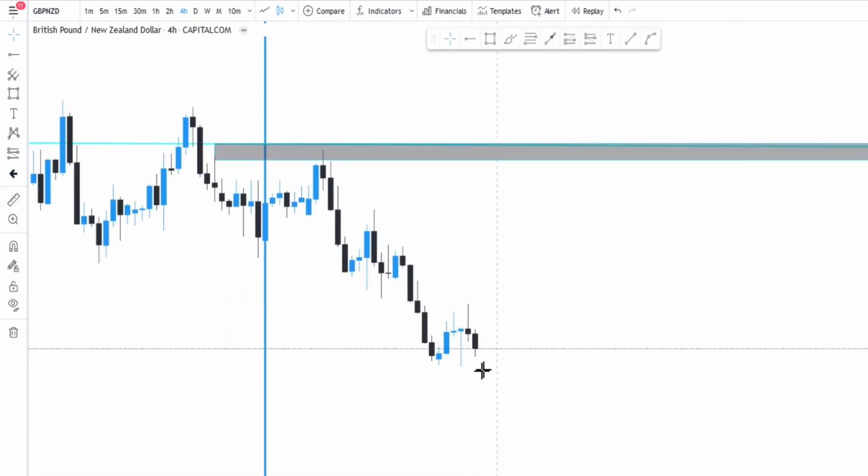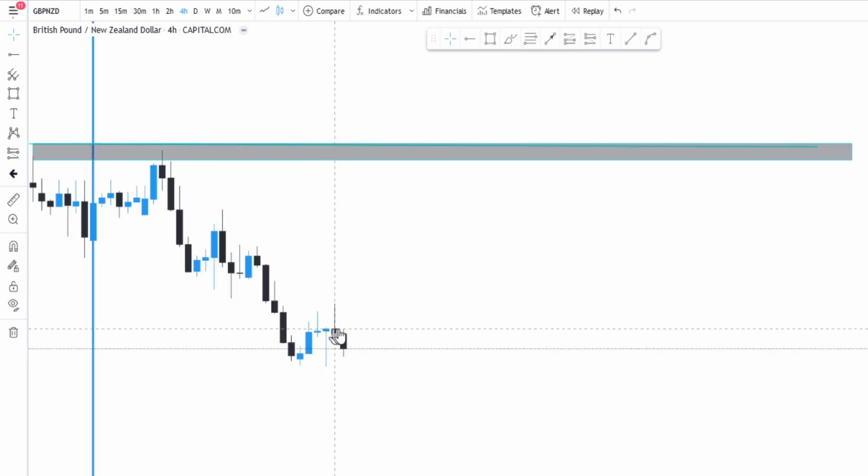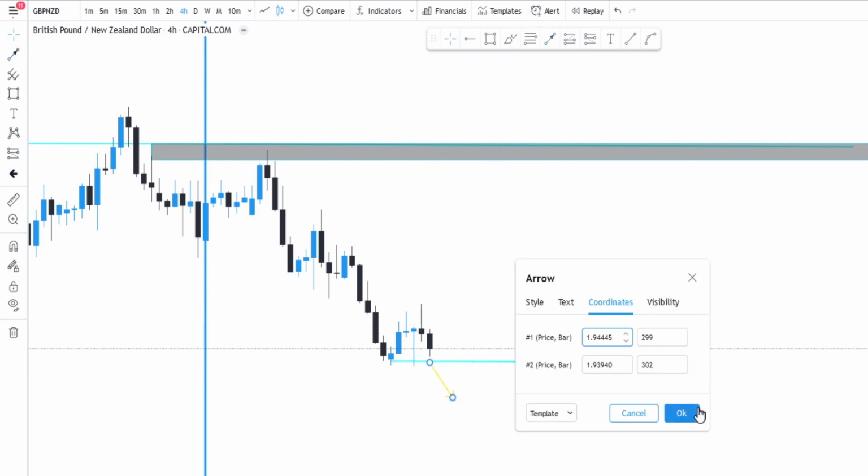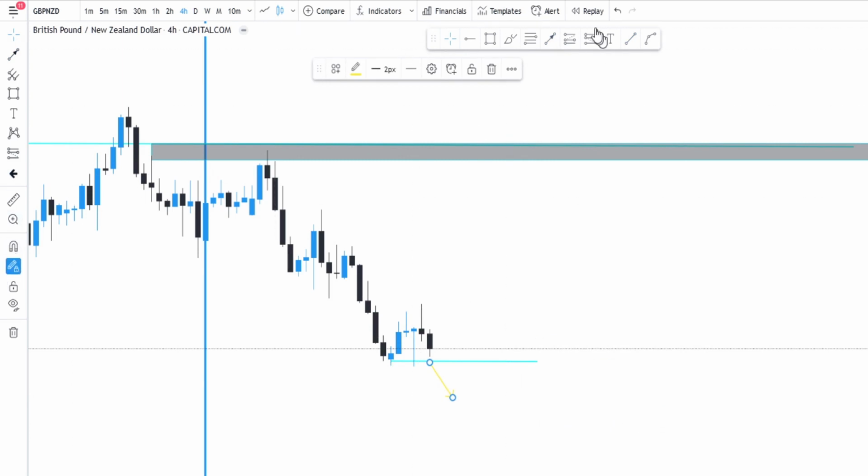So here we got too many dojis, shooting star, hammer, hanging man here. So for a better entry in this, I will mark this here and wait for a break, retest, and then fall.